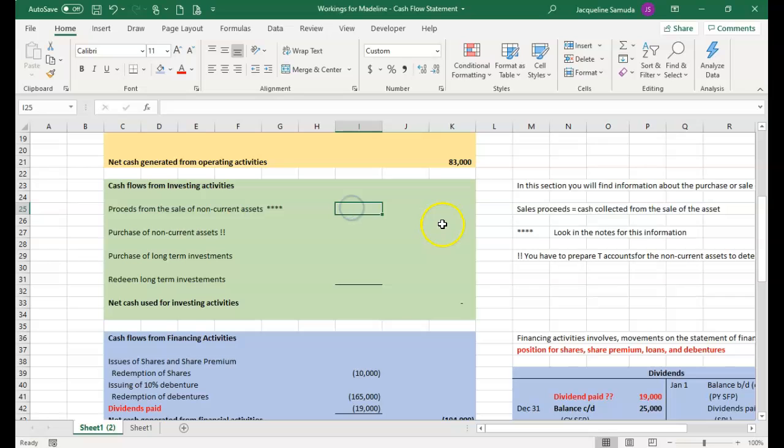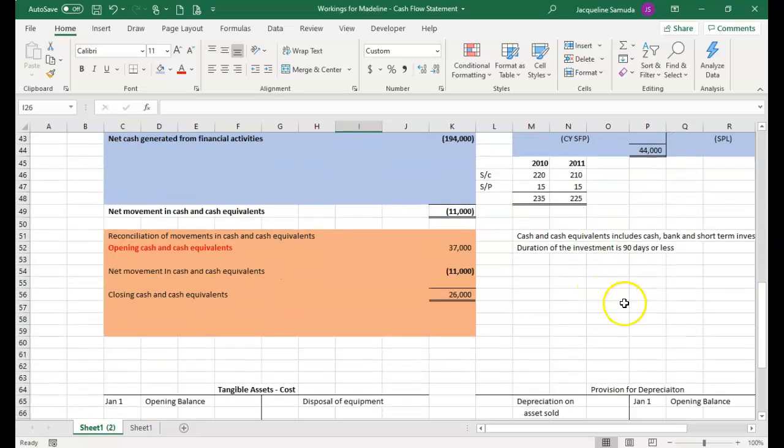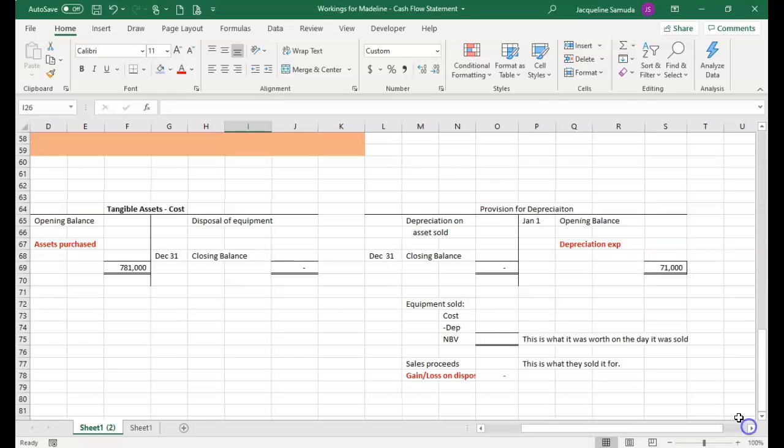So let's put in our figure, and now because it's money coming in, it's a positive figure. Now I think I did some workings. Here we are. Let's look at these workings. The equipment that was sold had cost 35,000. Its net book value was 28,000.